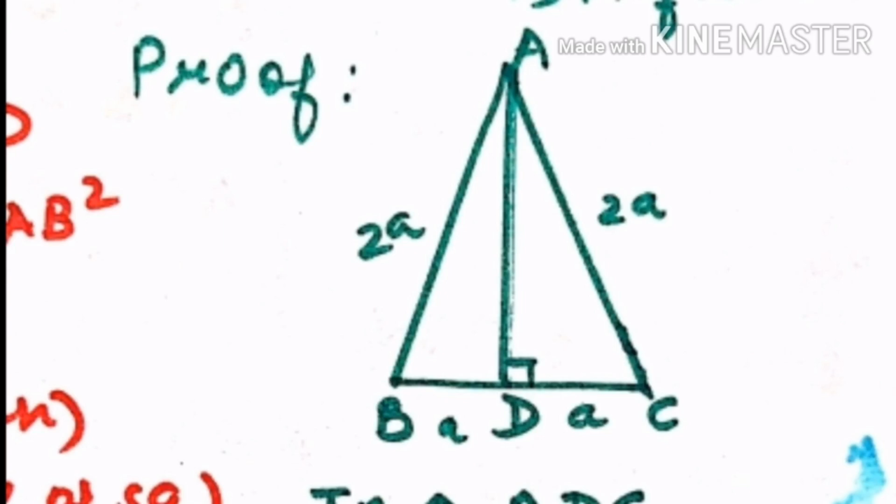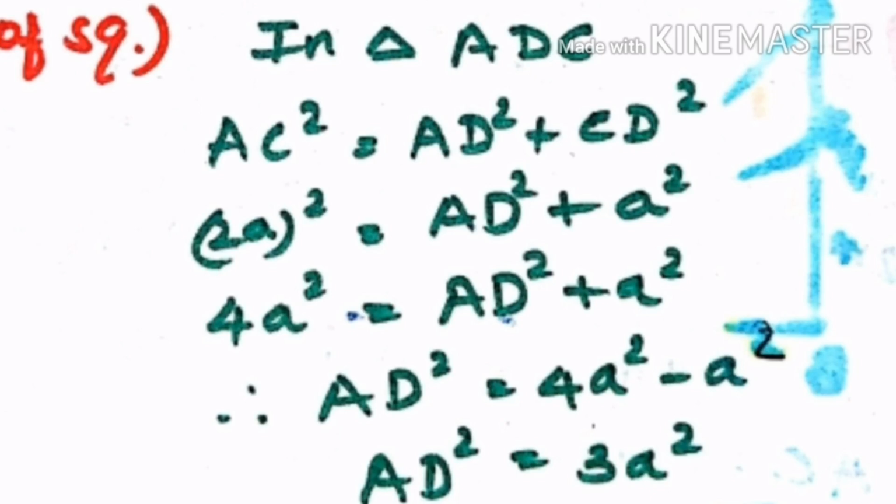Now students, you have to think that we want to find the AD value. So in which triangle should we use our Pythagoras theorem? For that you can use Pythagoras theorem in either triangle ABD or triangle ADC.